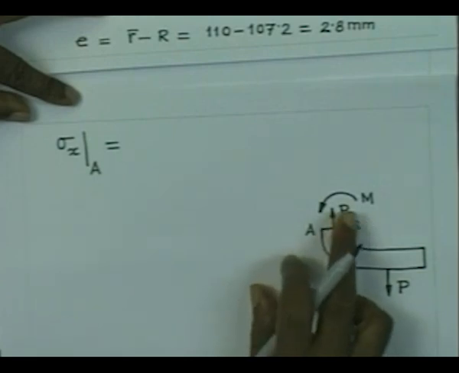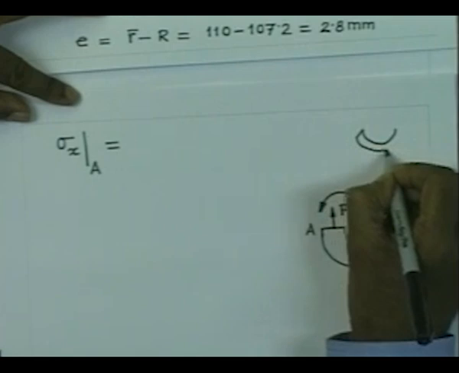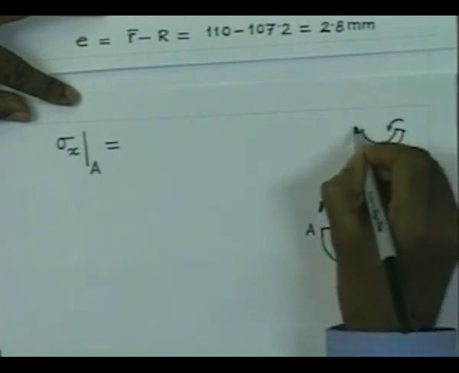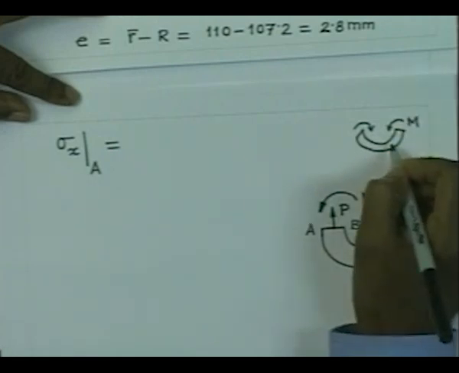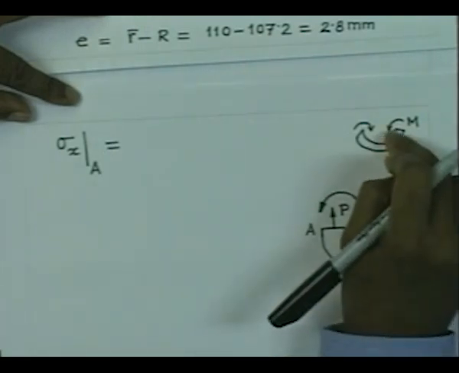So, it is a negative bending moment. The bending moment that we consider to be positive was like this. That was our curved member. We applied the bending moment like this. This bending moment is considered positive, and it increases the curvature of the beam, or reduces the radius of curvature of the beam.